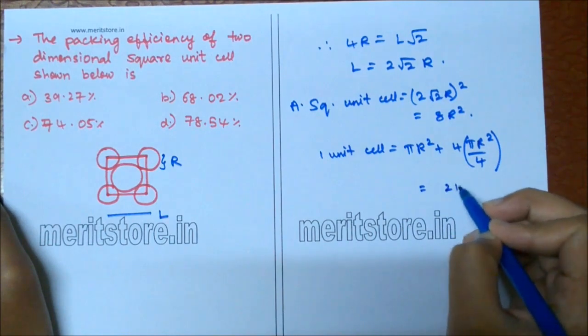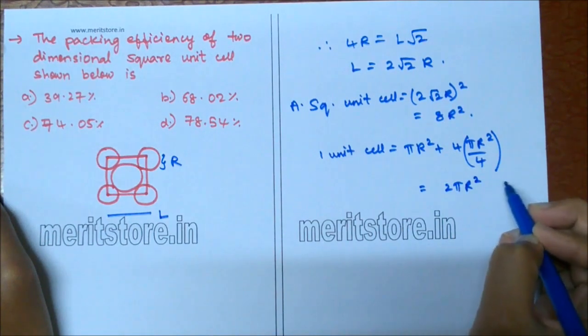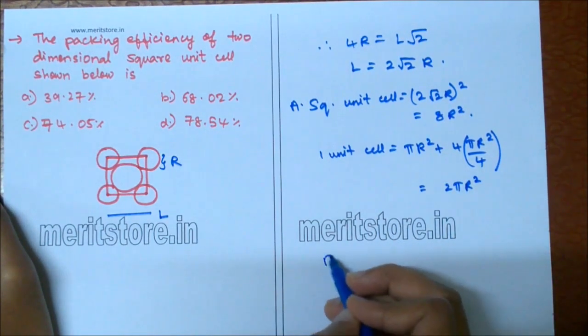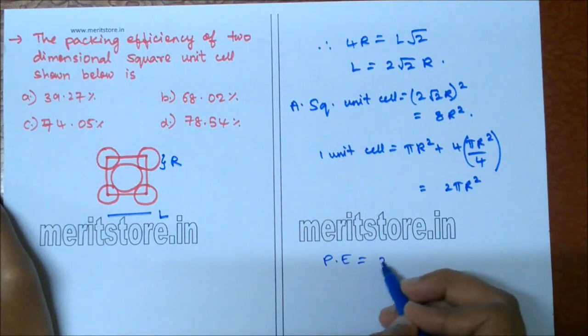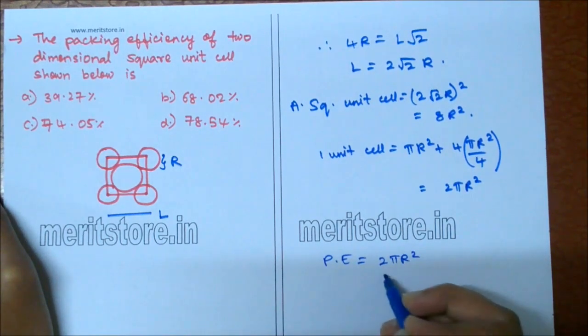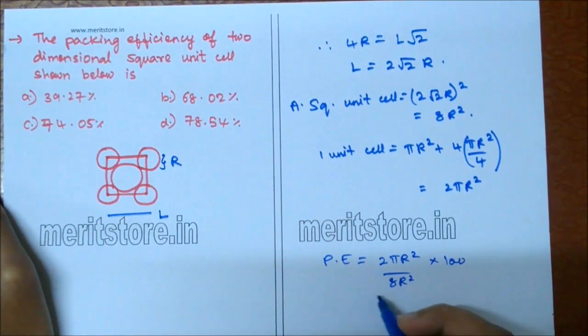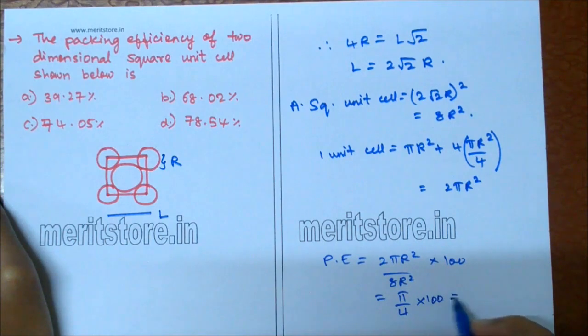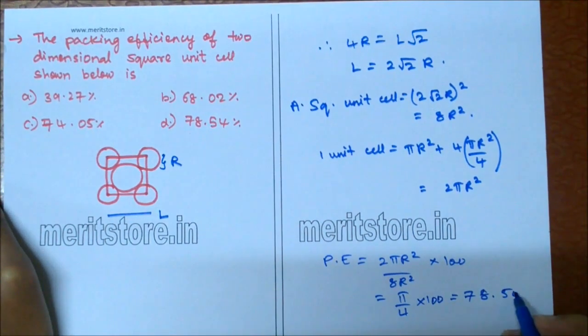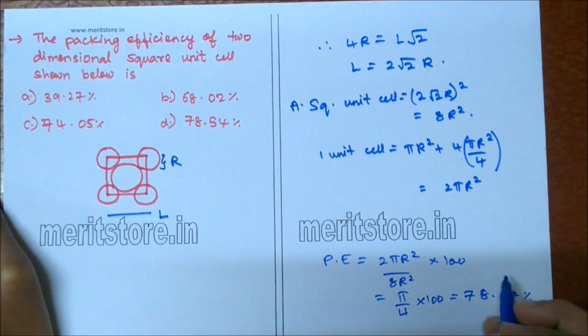This is equal to 2 pi R square. So packing efficiency is equal to 2 pi R square upon 8 R square into 100, which is equal to pi by 4 into 100, which is equal to 78.54%. So option D will be the correct answer.